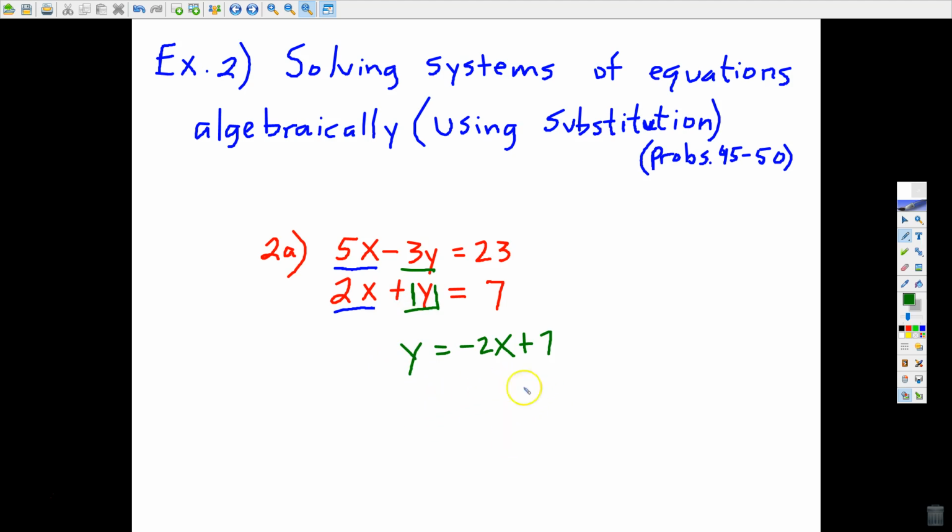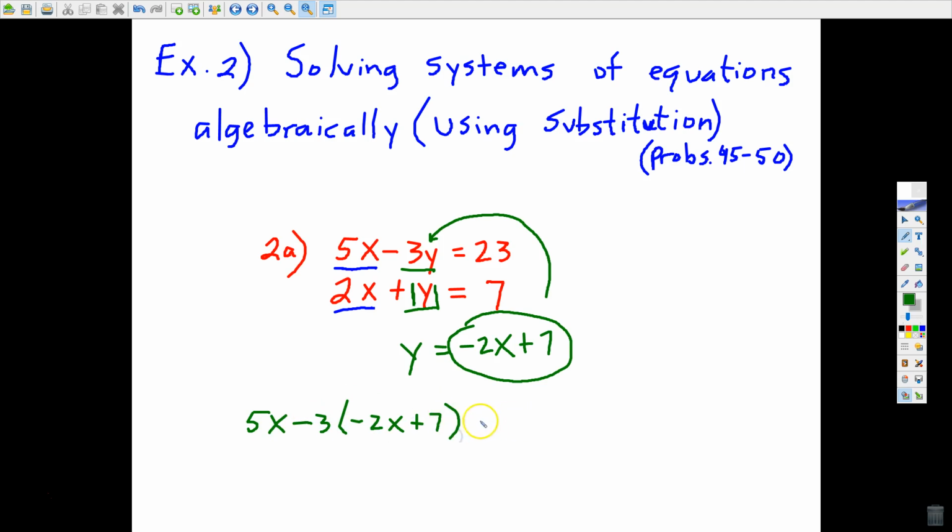So substitution says solve for one of the variables in one of the equations and replace that variable in the other equation. So I solve for y on the bottom, I'm going to replace y on the top. And so we're going to be solving for x first. So 5x minus 3 times the quantity negative 2x plus 7 is equal to 23.